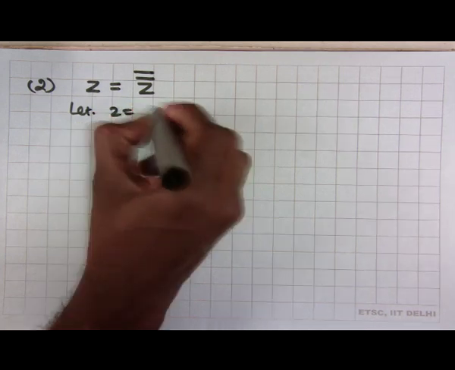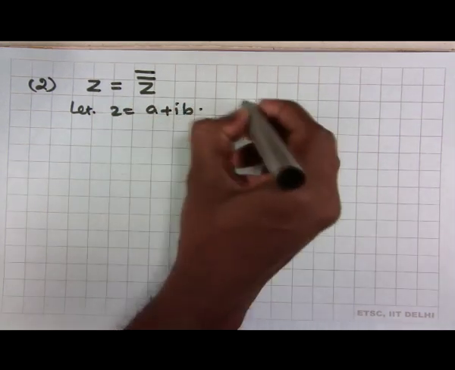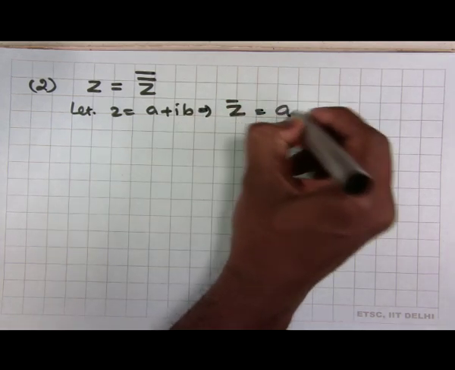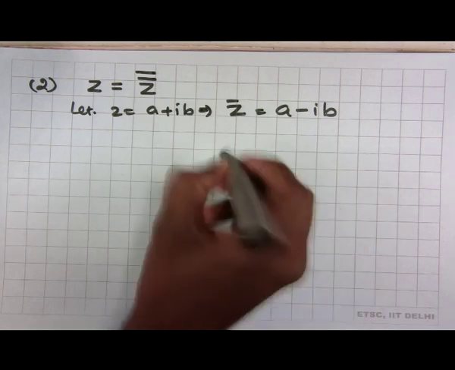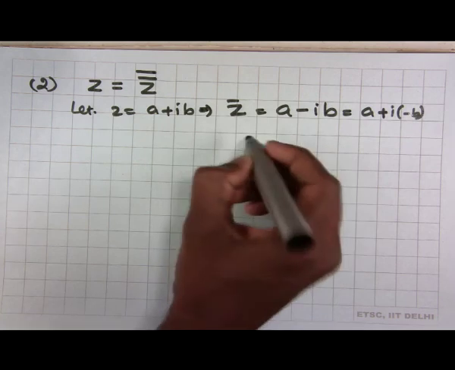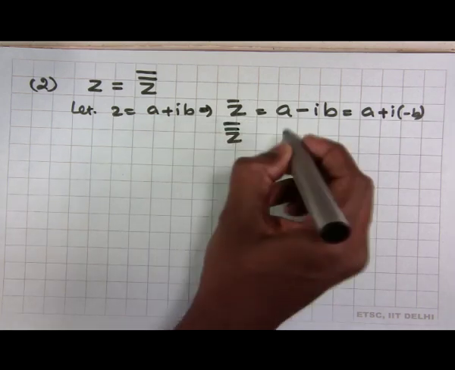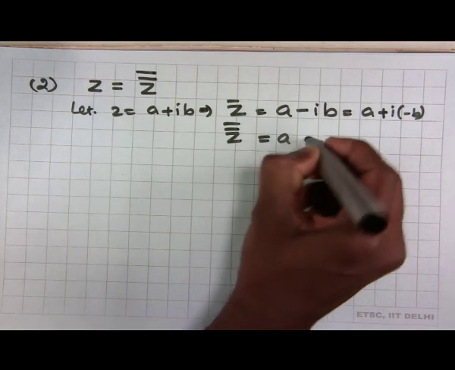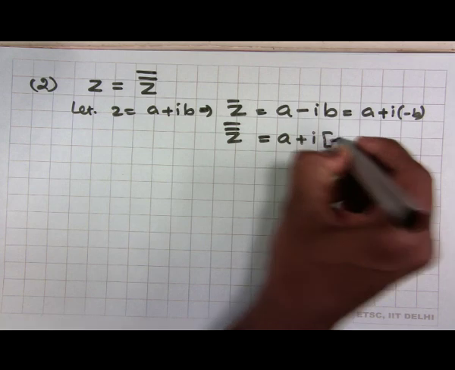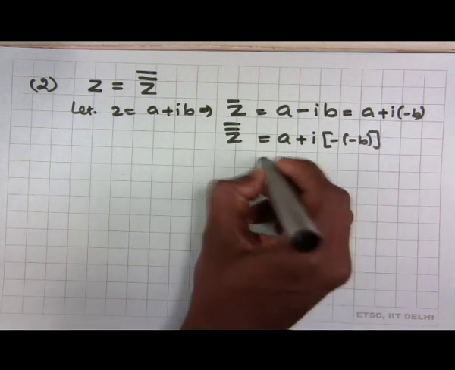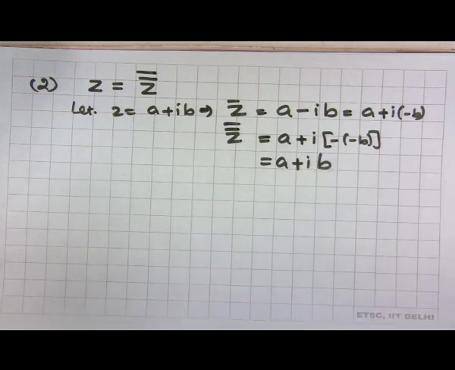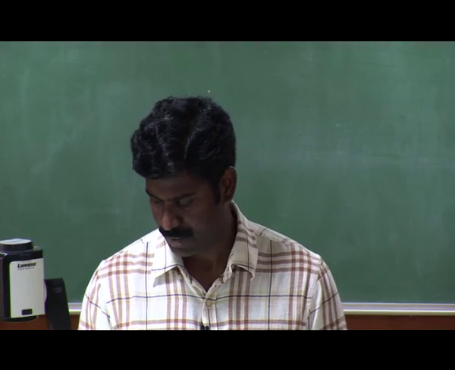Let z be a plus ib, then z bar is a minus ib, and this can be seen as just minus b, and for z double bar, you again take its conjugation. So, what we see is that this is a plus i times minus of minus b. So, we see that it is again z, of course, this is an obvious one.